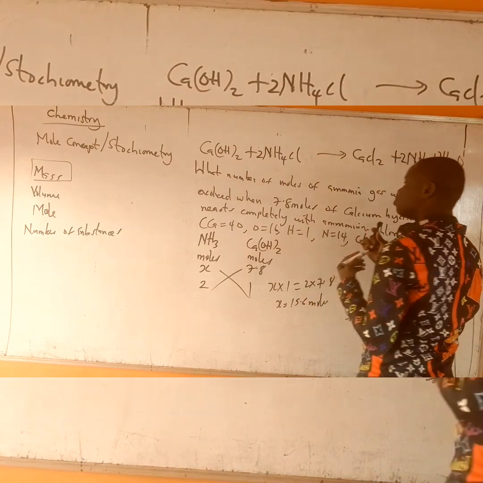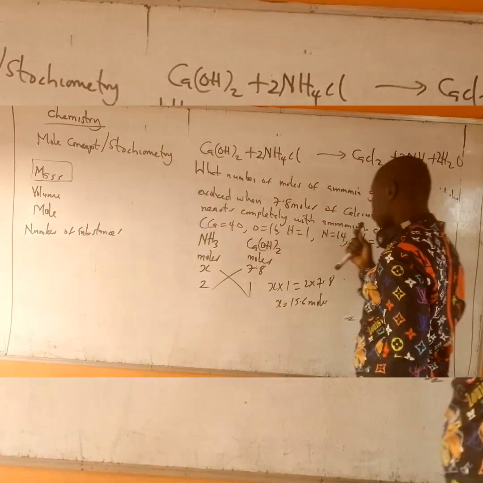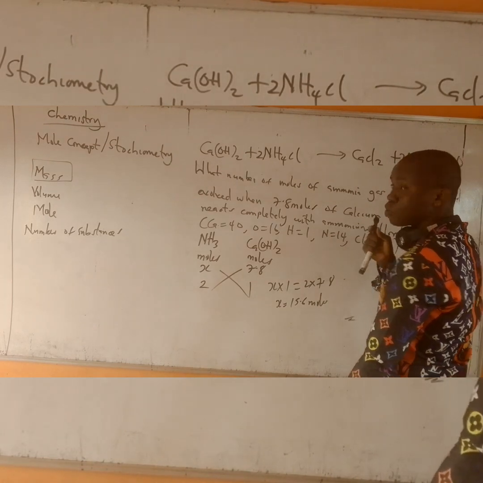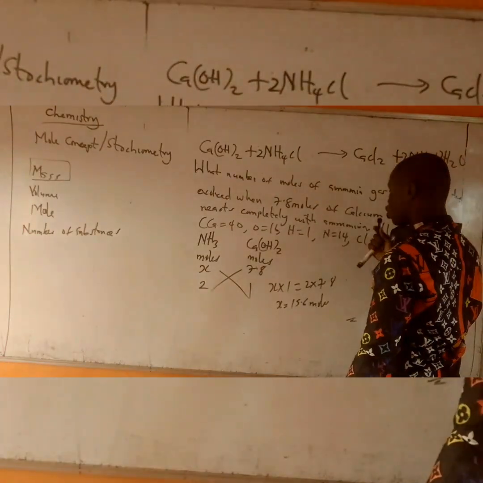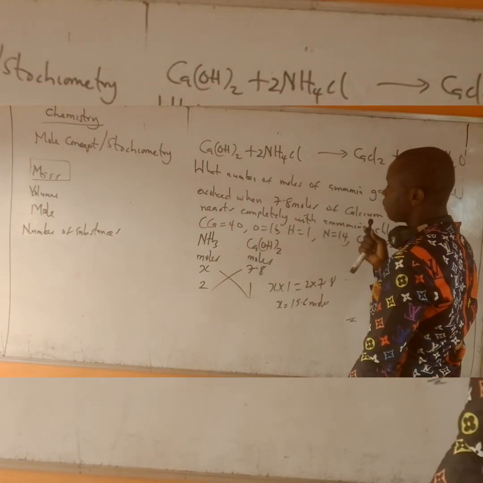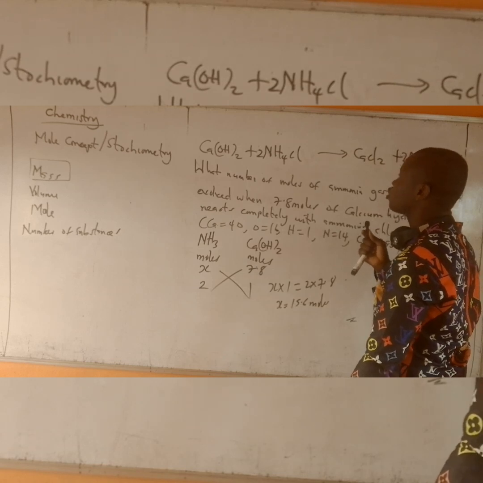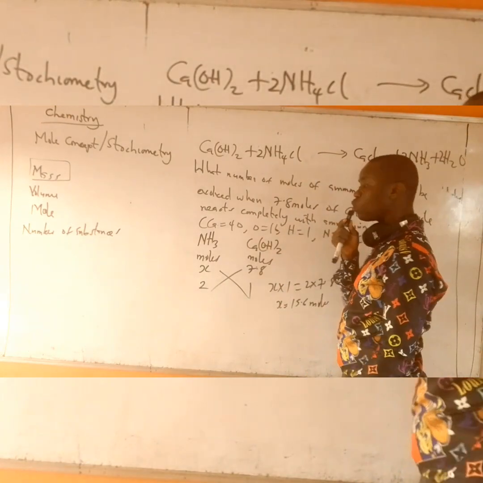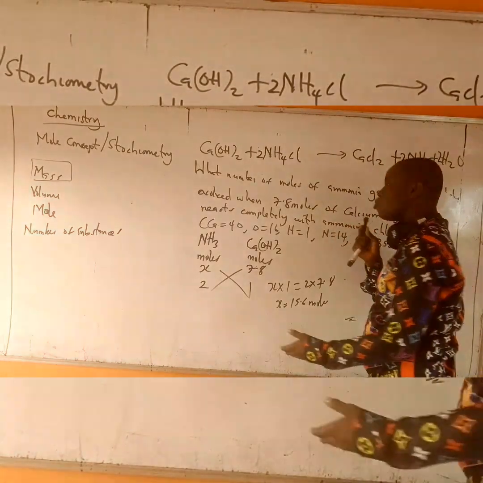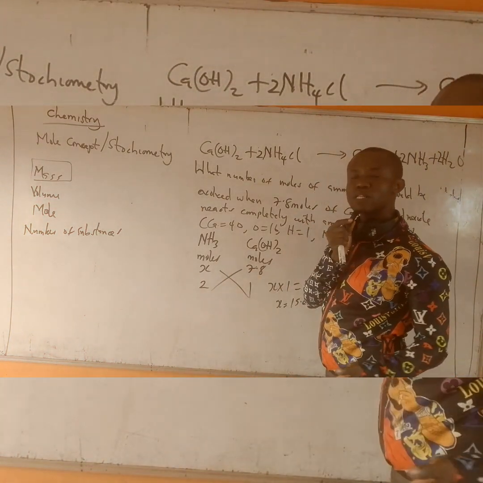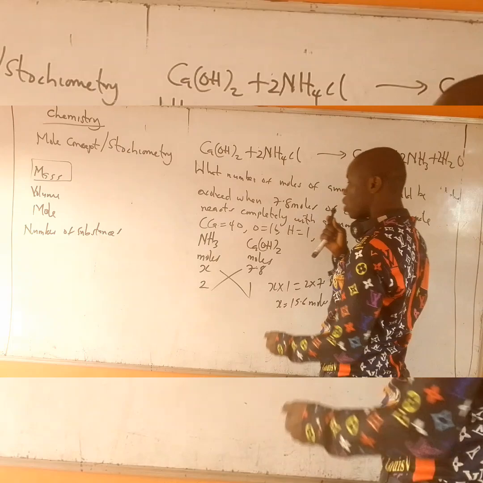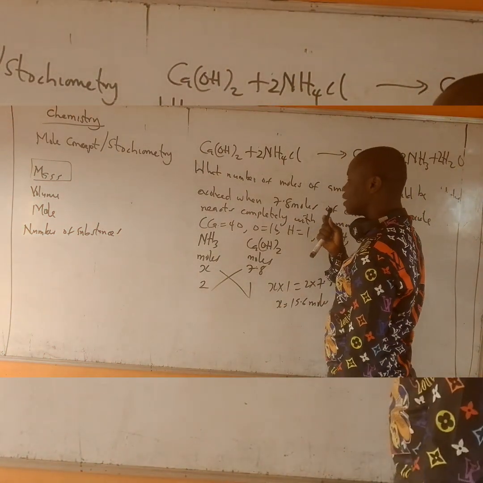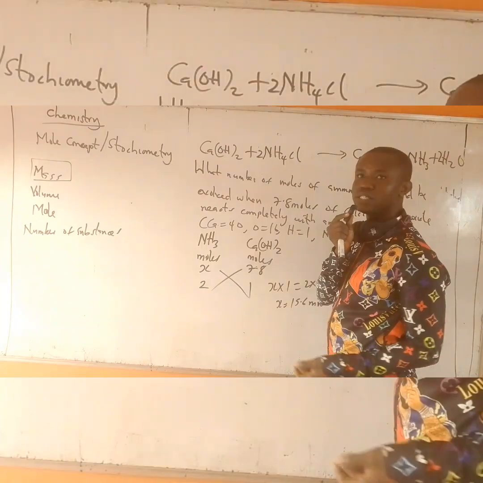Are you getting it? So it simply means that 15.6 moles of ammonia gas will be produced when 7.8 moles of calcium hydroxide reacts completely with ammonium chloride. What you are saying is that 2 moles of ammonia gas is produced when 1 mole of calcium hydroxide reacts completely with ammonium chloride.